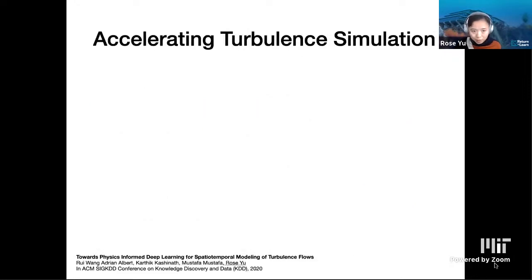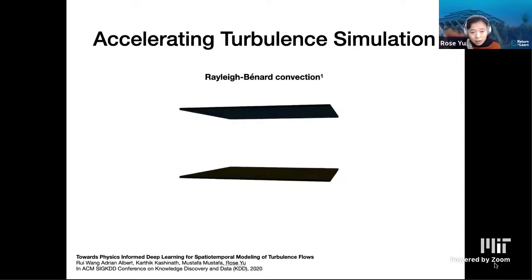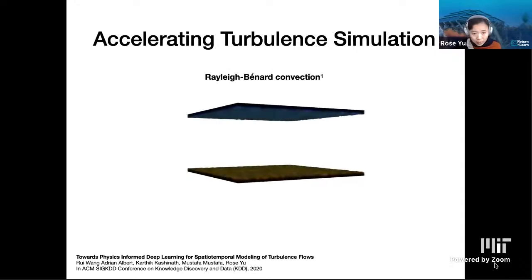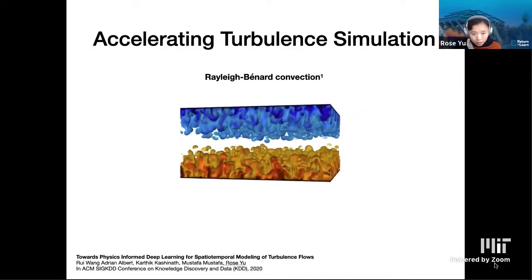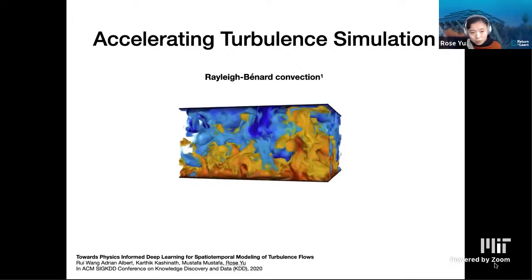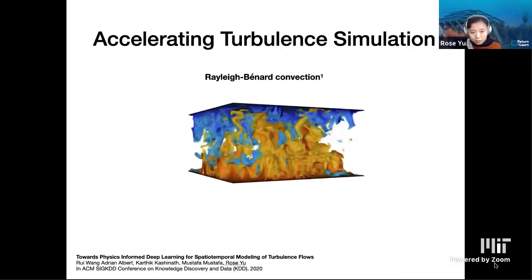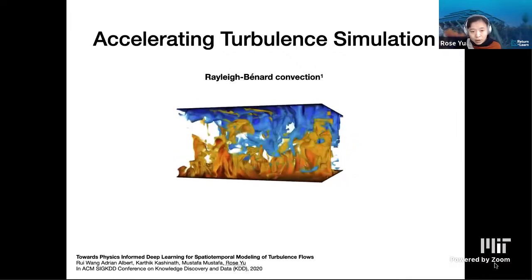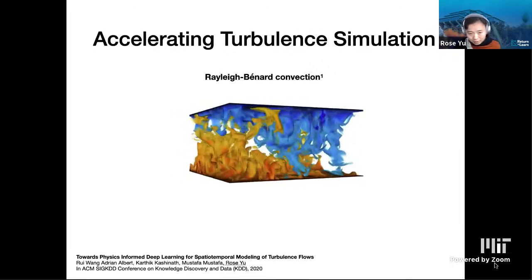Let me show you an example of accelerating turbulent simulation. So we know that turbulence is so fundamental to climate science. Here you're looking at the simulation of a turbulence known as the Rayleigh-Benard convection. It happens when the cold fluid at the top interacts with the warm fluid at the bottom, which creates very intricate patterns.